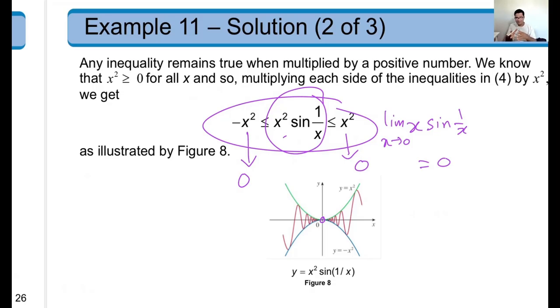The reason we go with x square as an initial example is because x square is a non-negative quantity, so you could simply multiply the inequality by x square and not have to change the sign. If you multiply by x, when you are on the right side, the inequality remains the same. When you are on the left side, you have to change the direction of the inequality. You can still manage to prove the same result, but with more work.